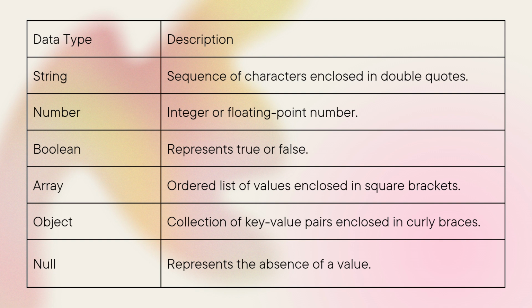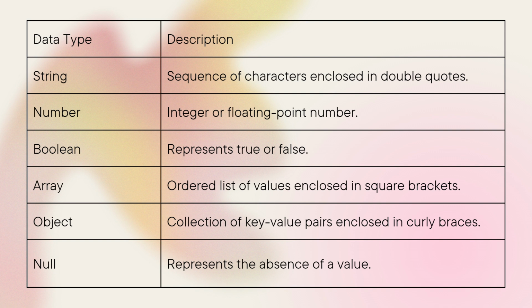The e-commerce website might ask for your address or your name or anything. All of that data is stored in the string format. Next is number, integer or floating point numbers, both are accepted. The website might ask for your phone number or any pin code or any other details like that, which are stored using the number data type.